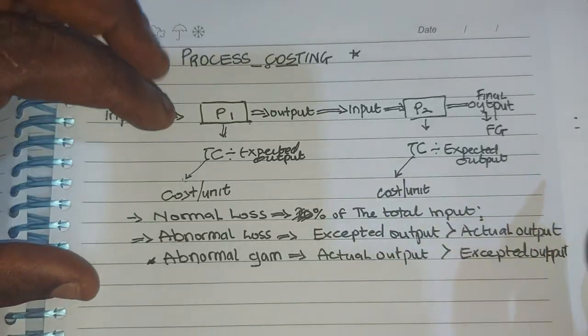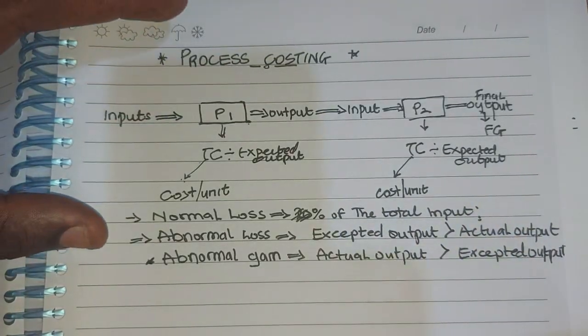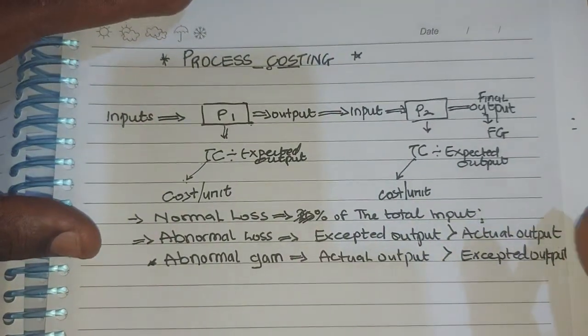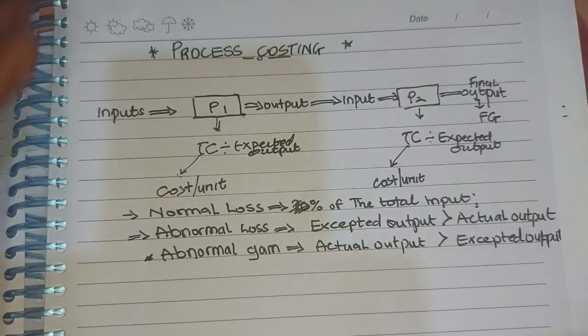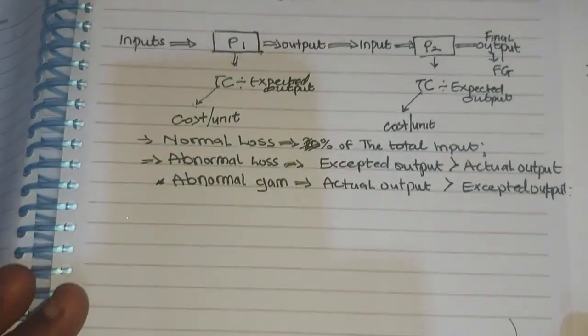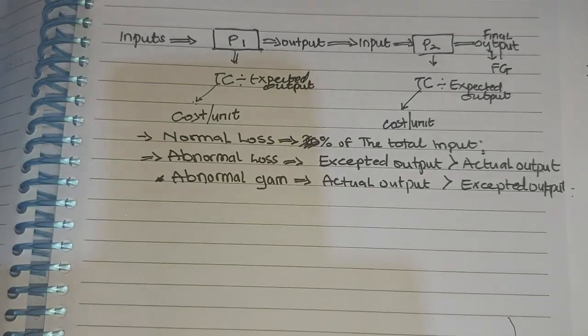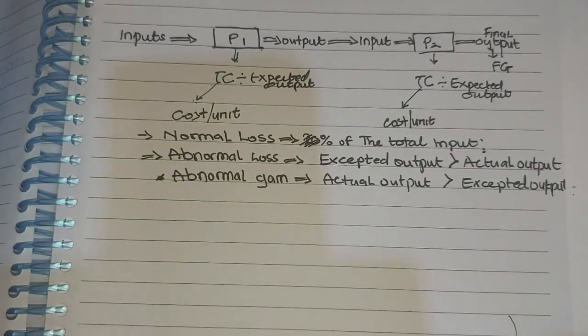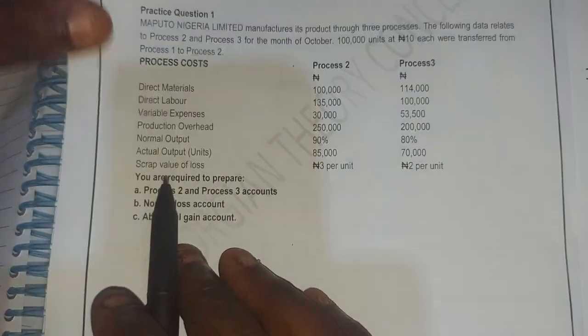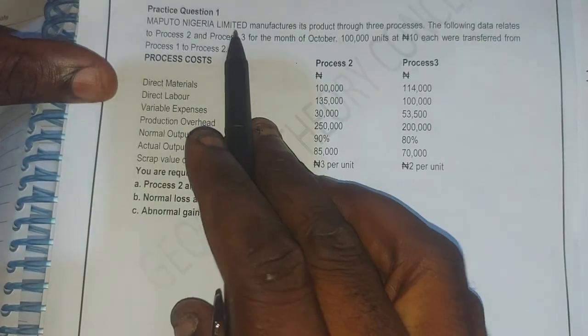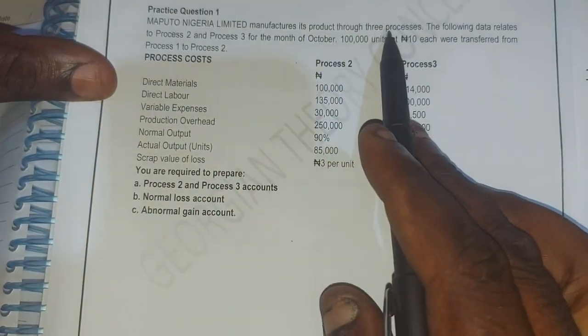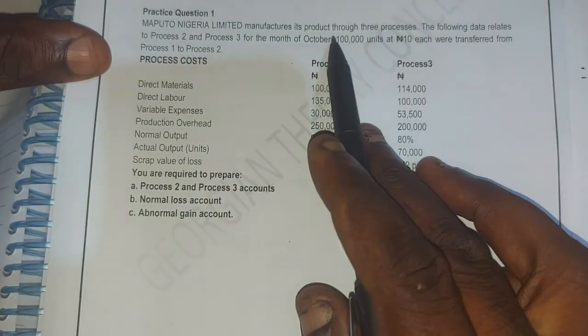All right, now we are going to look at a particular question. Now let me bring a question to do this. Maputo Nigeria Limited manufactures its products through three processes.